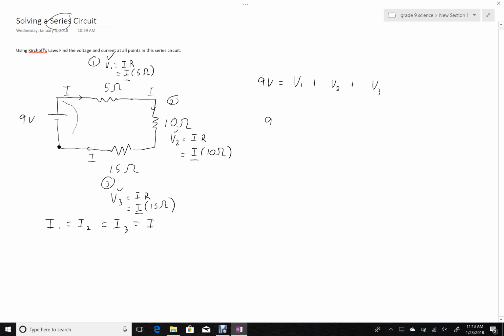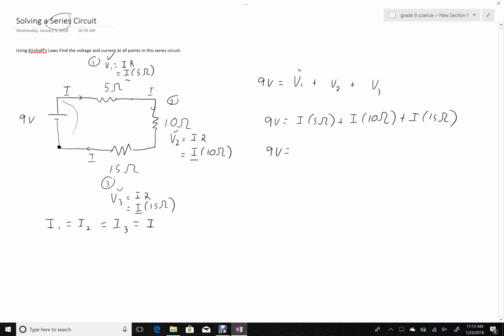So here my 9 volts will be equal to I times a resistance of 5 ohms plus I times a resistance of 10 ohms plus I times a resistance of 15 ohms. The expression for V1, V2, and V3 respectively.